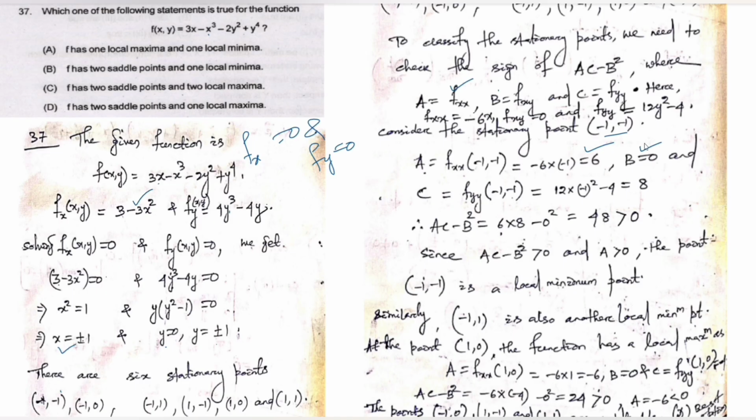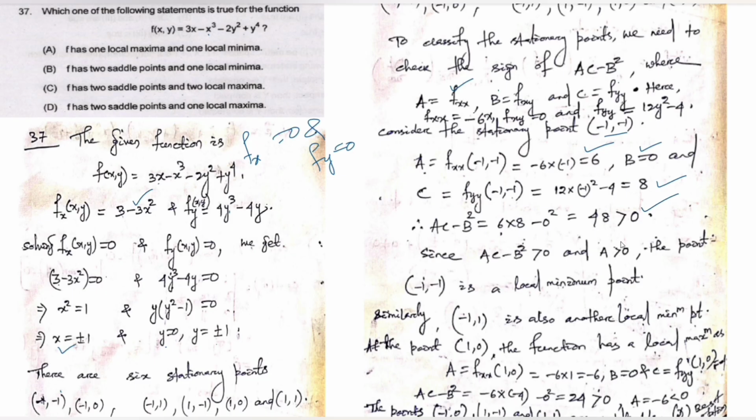C is the value of the second order partial derivative of f with respect to y at the point (-1, -1). Here we put y = -1 and there is no x term, so we get 8. Now you can see AC - B^2 is 48, which is greater than 0. Since AC - B^2 is greater than 0, the point (-1, -1) is an extreme point.